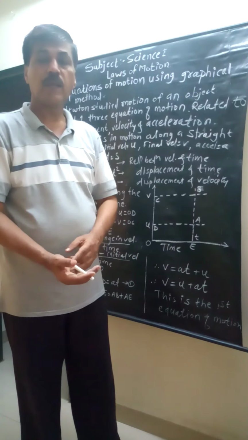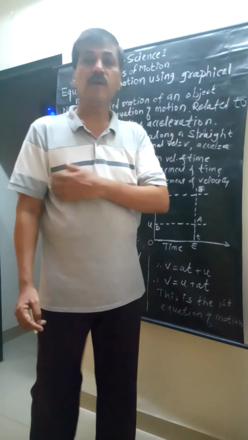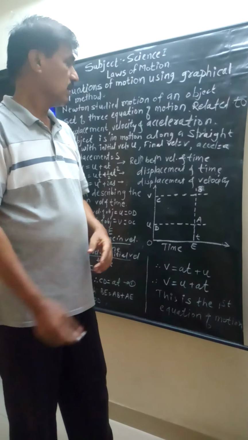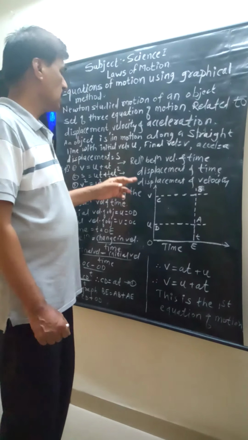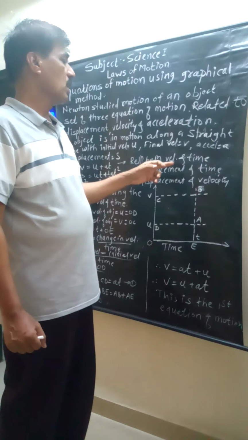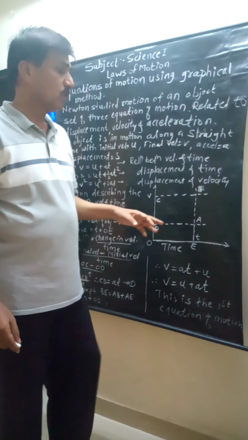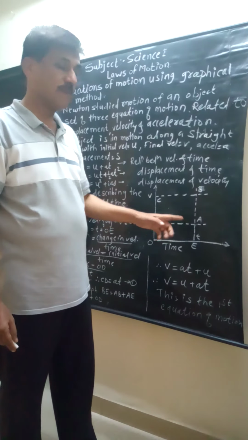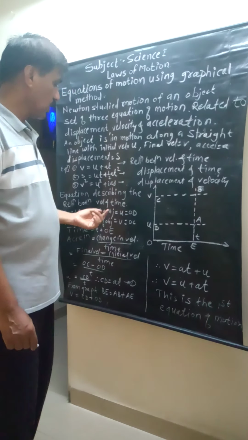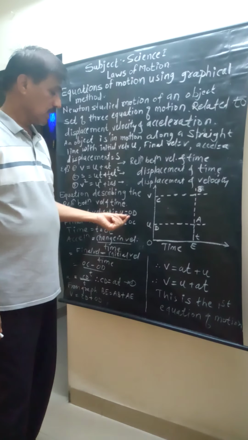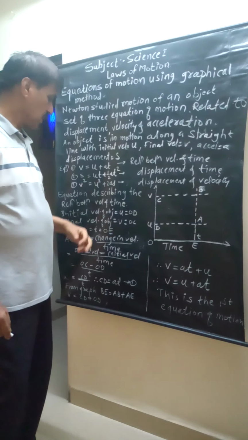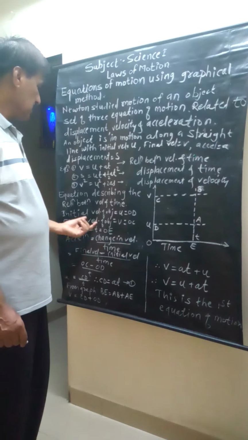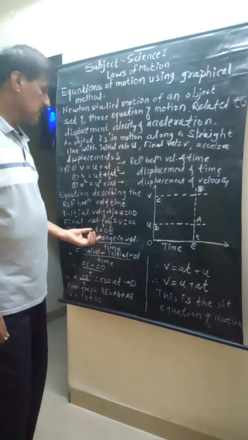By the graphical method, you have to describe the equation of motion. The first equation of motion is the relation between velocity and time. You have to find it out by the graphical method. First you have to draw the graph. Then write down what is u. u is the initial velocity, v is the final velocity, and s is the displacement.